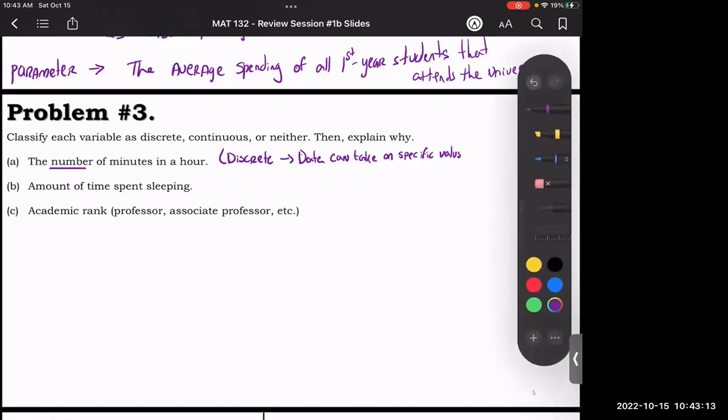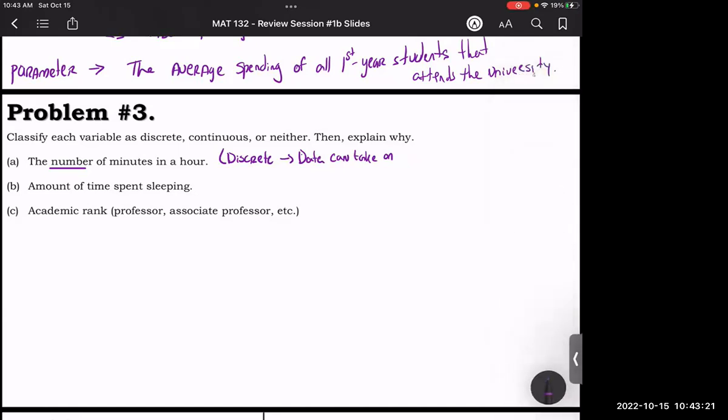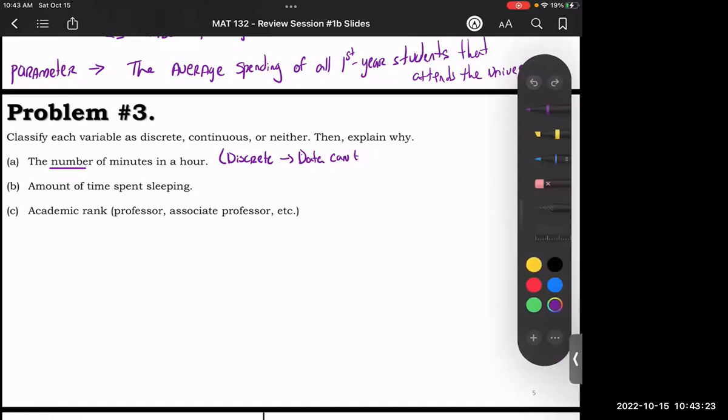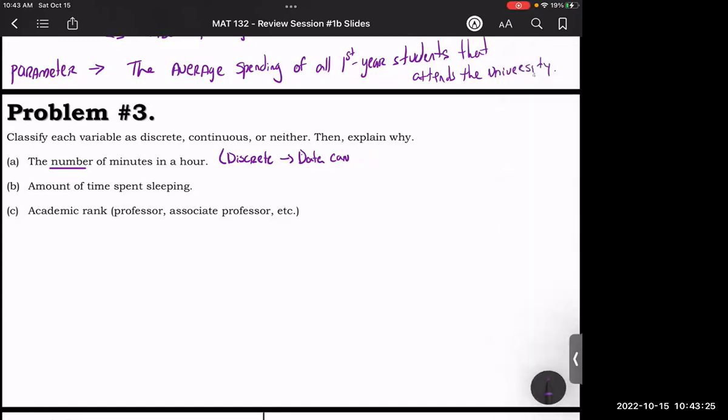And if data can only take on specific values, then it's countable.